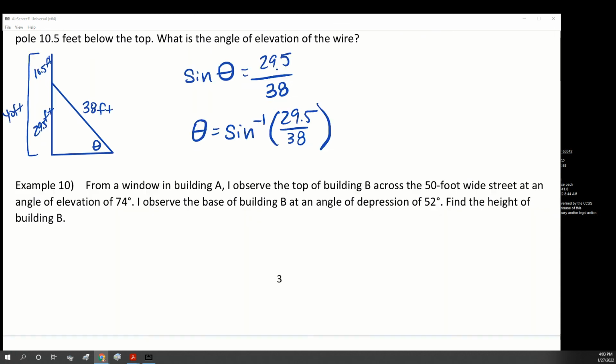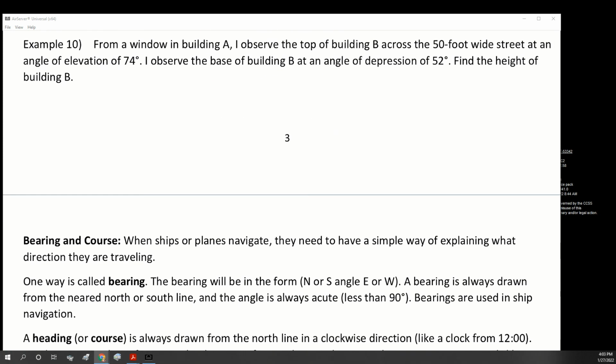All right, and then number 10. Number 10 is a multi-step problem. So from a window in building A, I observe the top of building B across a 50-foot street at an angle of elevation of 74 degrees.